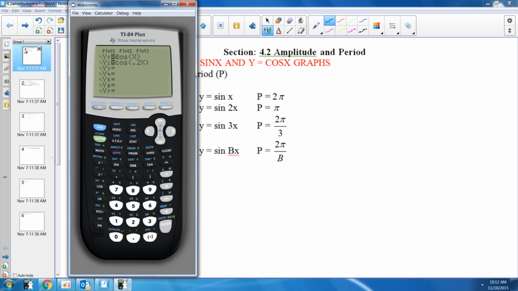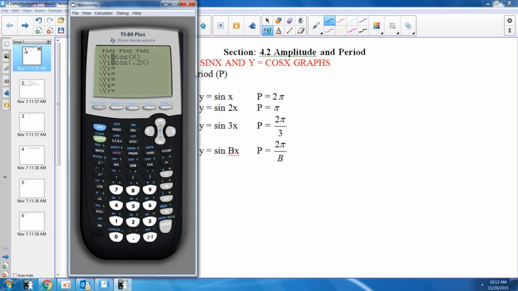What I have to do is take my 2 pi and divide it by 0.2. In other words, if I had a cosine 2x, I take the 2 pi and divide it by 2, and I get my period is pi. If I take 0.2, I'd take 2 pi divided by 0.2.